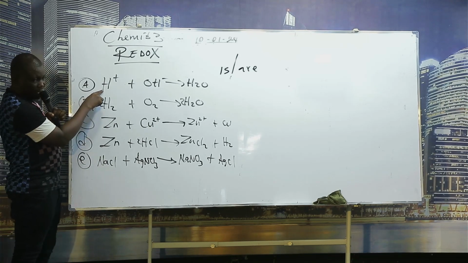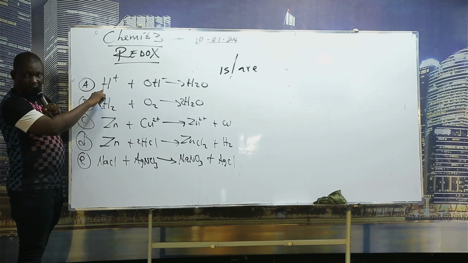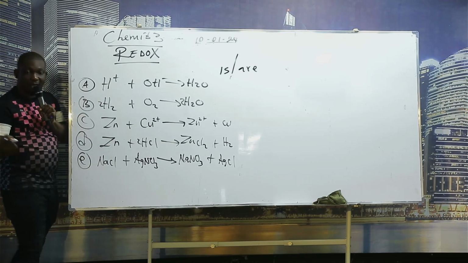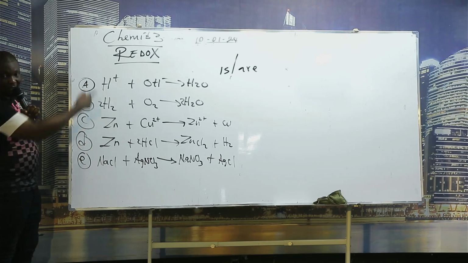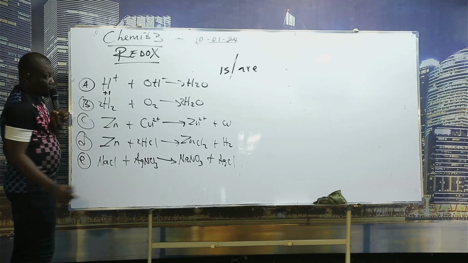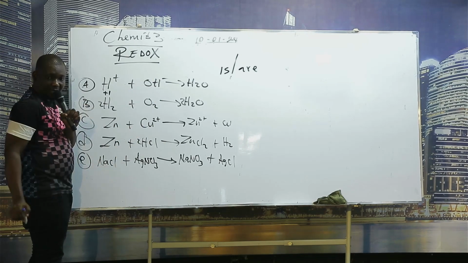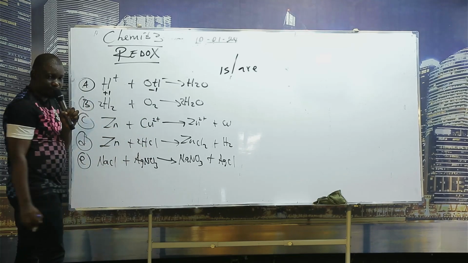Now look at this species: the oxidation number of hydrogen here is +1, and the others are written as -1.